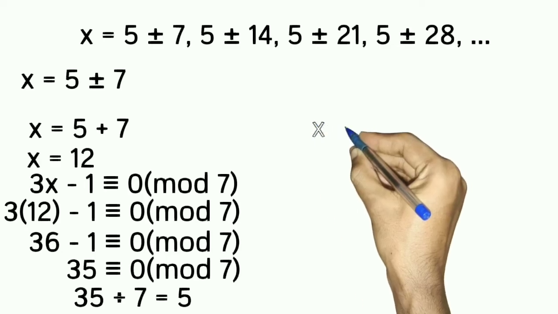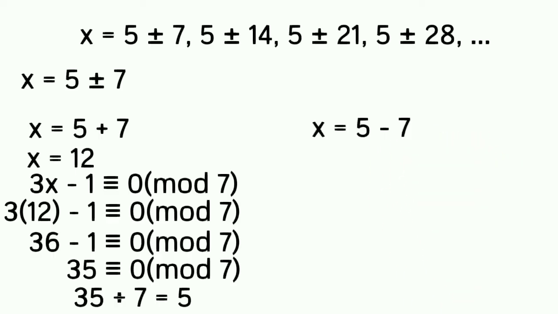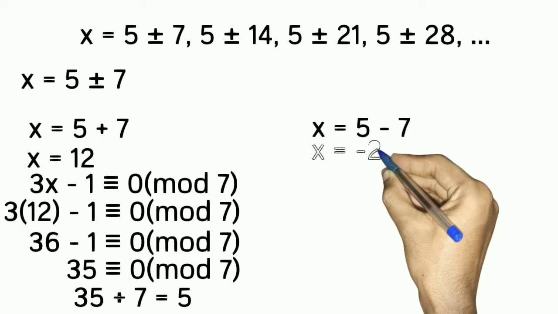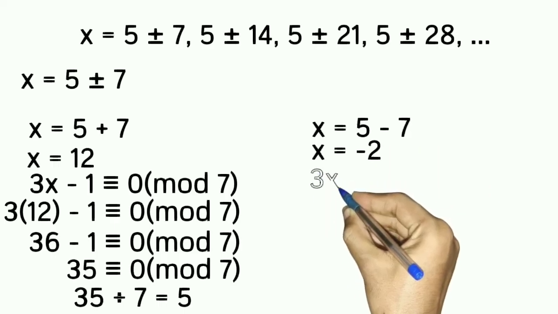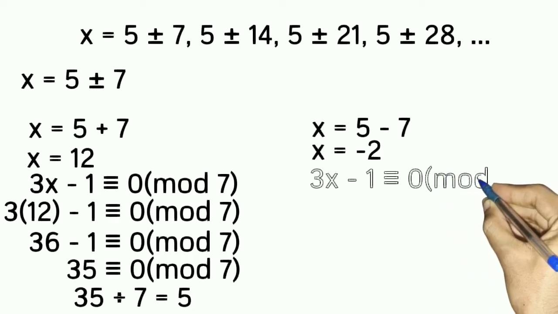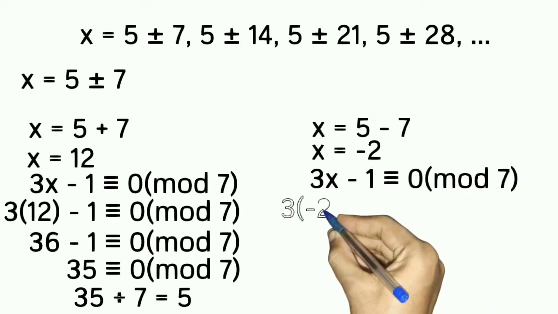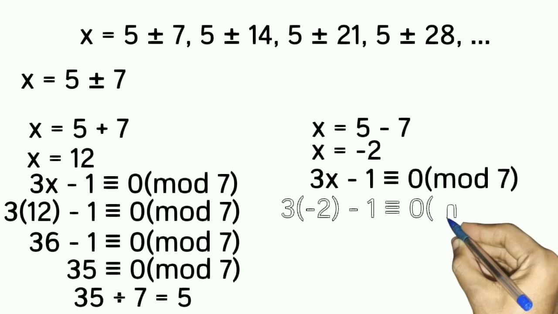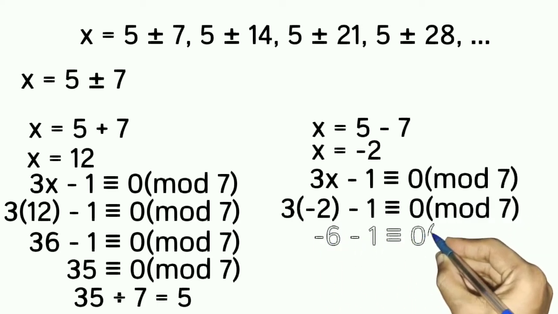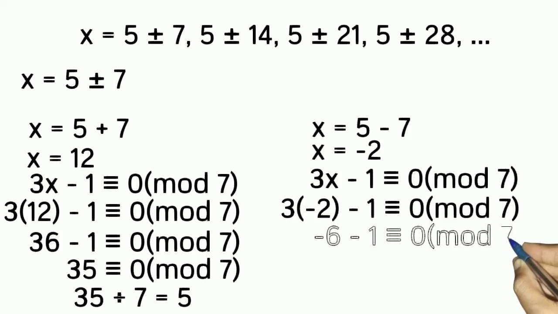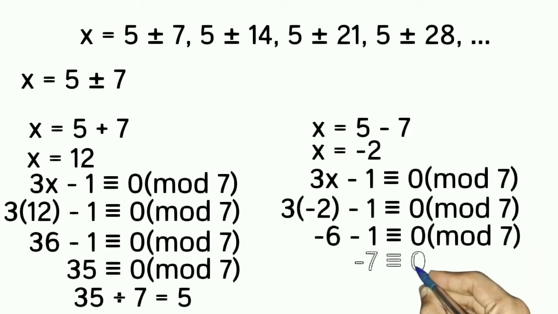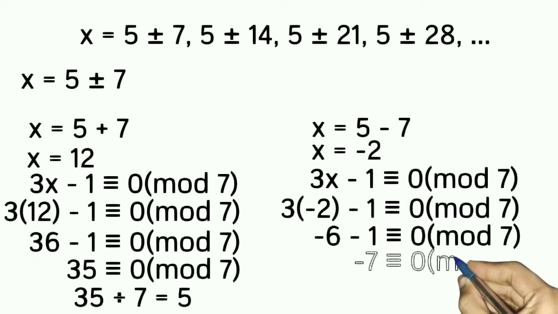Next is 5 minus 7. 5 minus 7 is equal to negative 2. Isa-substitute natin yung negative 2 dun sa 3x minus 1. So that will become 3 times negative 2 minus 1. 3 times negative 2 is negative 6 minus 1. Negative 6 minus 1 is equal to negative 7.